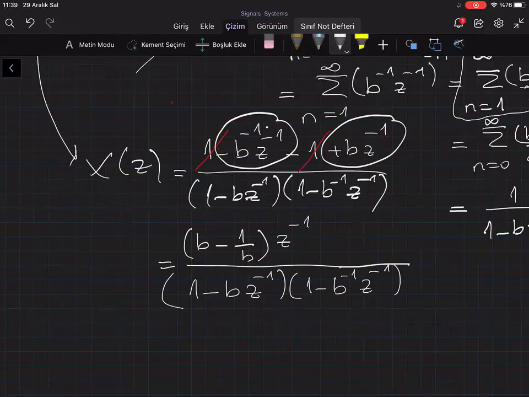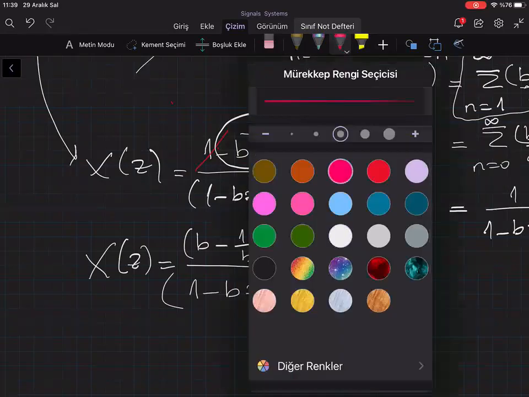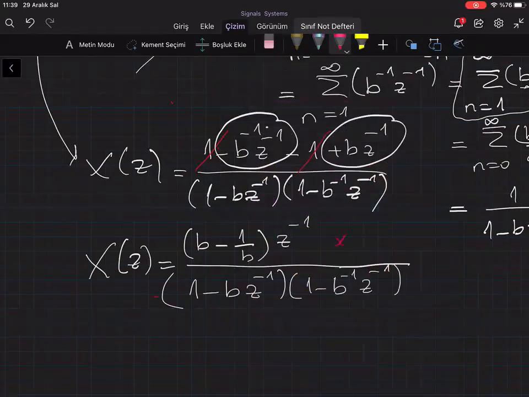Okay, can you tell me what are my zeros? How do I find the zeros? Multiply both sides by z squared. Why? Because we have two z to the minus 1 in the denominator, we have two of them. Then I should make it z.